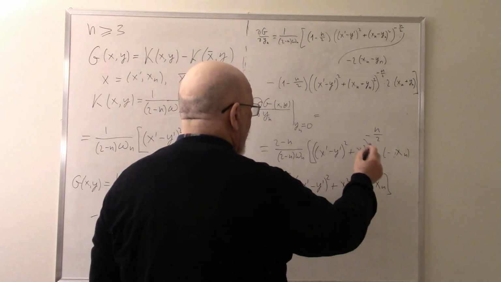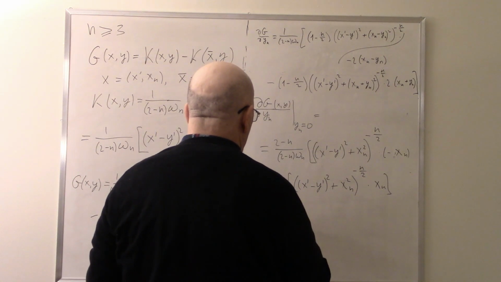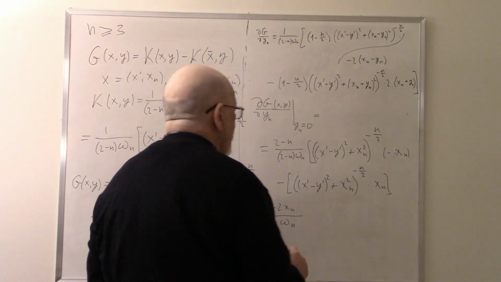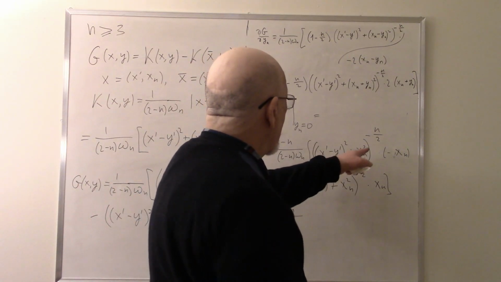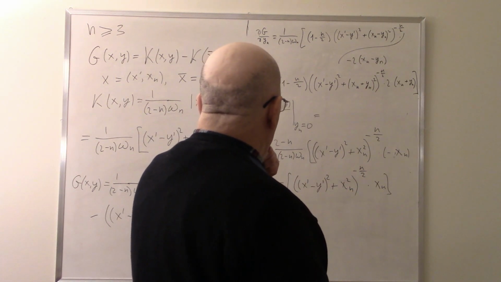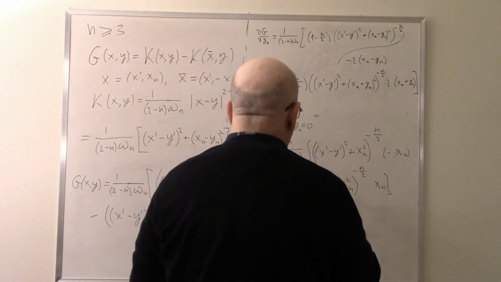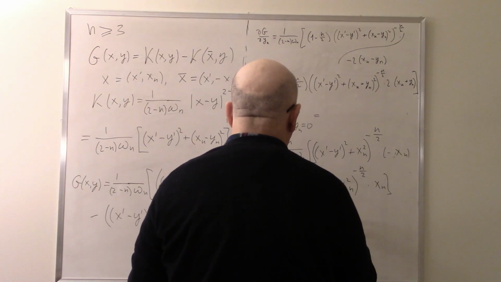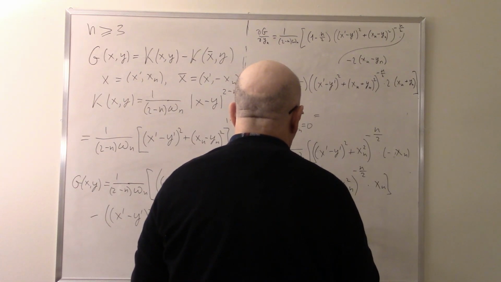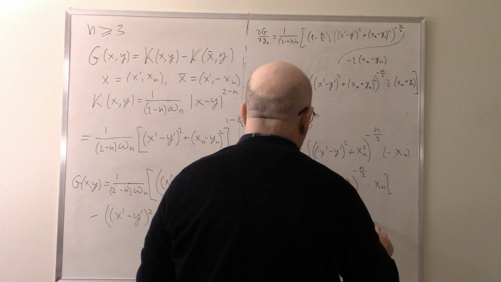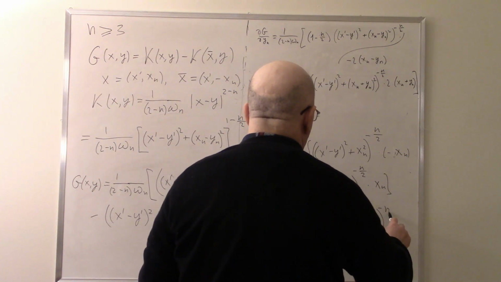Equals minus 2xn divided by omega n, times (x prime minus y prime) squared plus xn squared to the power minus n over 2.